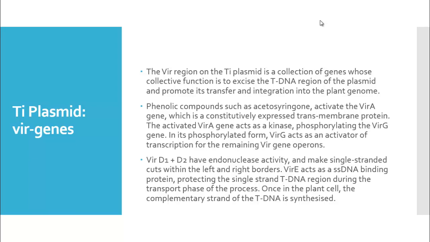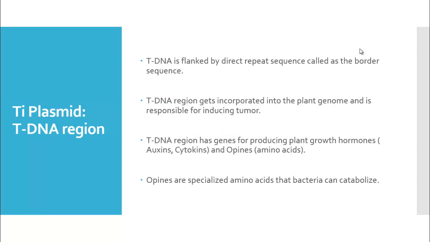It's actually a cascade of events happening when there is a signal from the phenolic compounds, a series of signal paths that activate one after the other, making the T-DNA region excised from the plasmid and transported into the plant genome.